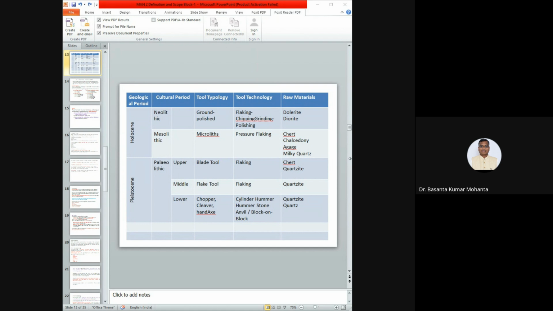So, if we see the simple people, the tribal people, the hunter-gatherer people, they are using very simple artifacts as we discussed already.